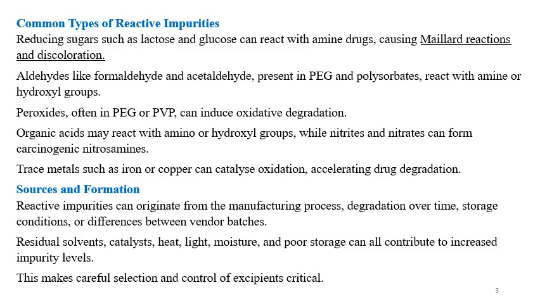Organic acids may react with the amino or hydroxyl groups, while nitrites and nitrates can form the carcinogenic nitrosamines. So, nitrosamine formation is also an example of these reactive impurities from the excipients. Trace metals such as iron or copper can catalyze oxidation, accelerating the drug degradation.